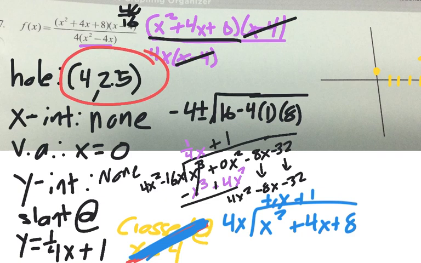So then my slant asymptote, because I went up 1 and right 4. Let me get back to here. Just ignore the crossed. It doesn't get crossed. Up 1, right 4. I could also go down 1, left 4, which would be here.